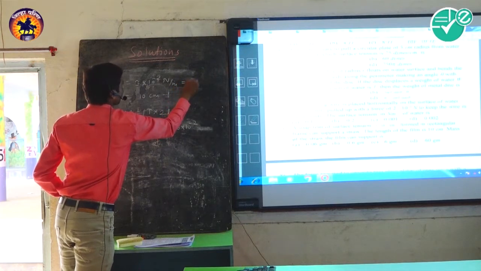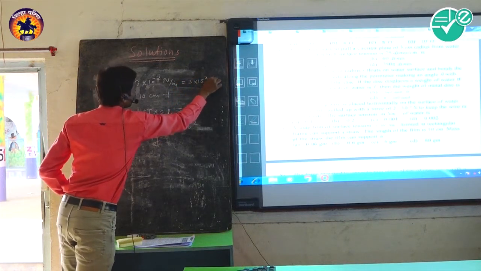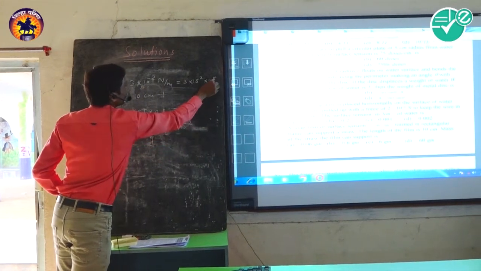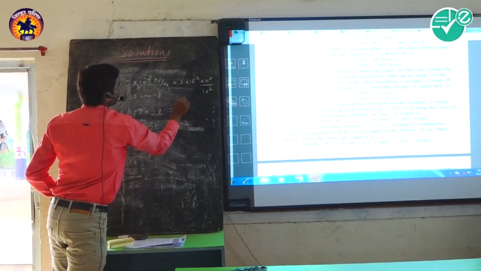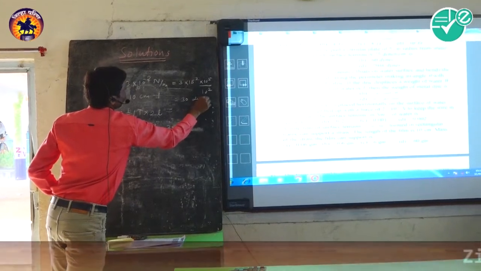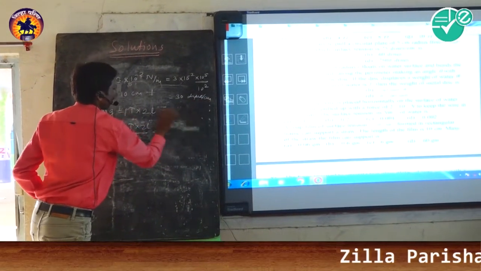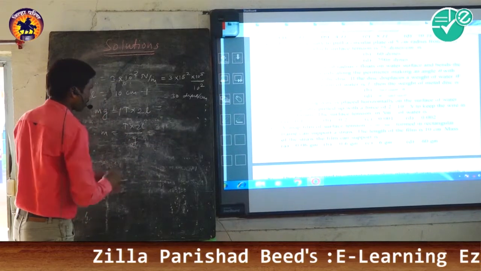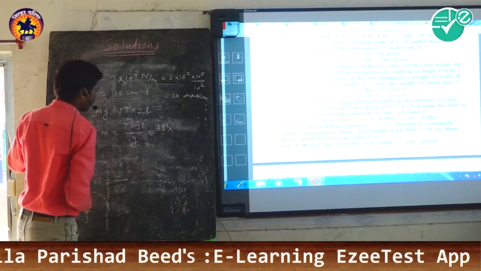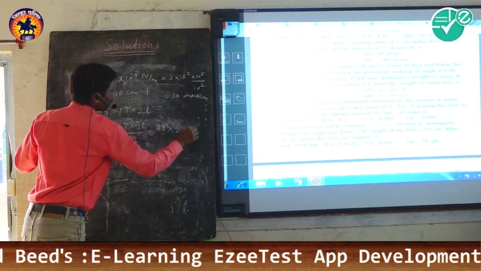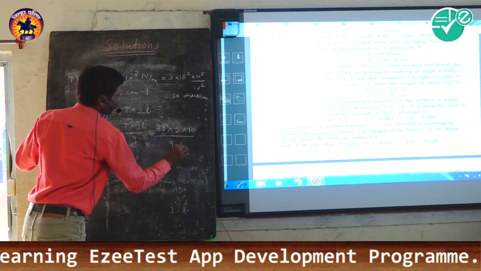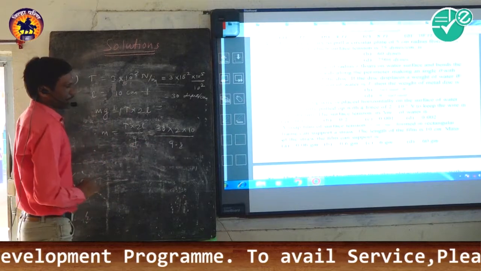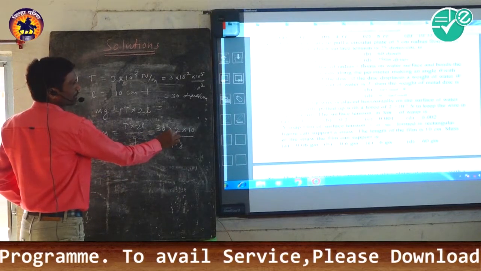It means that is equal to 3 into 10 raised to minus 2 into 10 raised to 5 and meter, that is 10 raised to 2, so 10 raised to 3 remains.